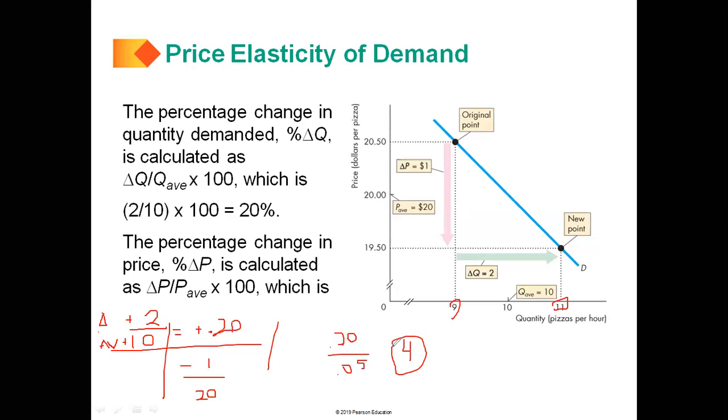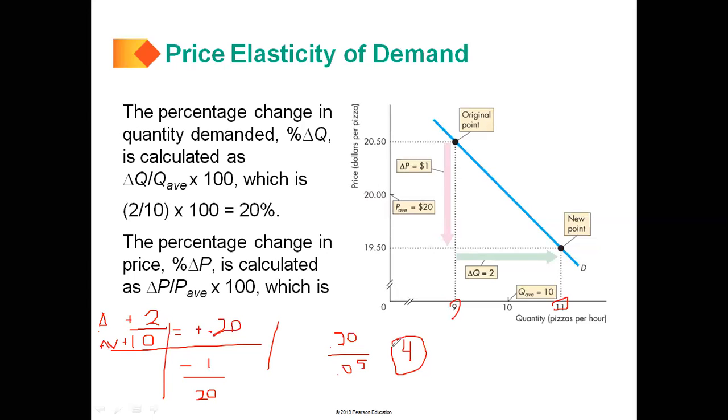And since 4 is greater than 1, we say that this pizza, the market for pizza, has an elastic demand over this part of the curve from 20 to 19.50 because it's greater than 1, okay?